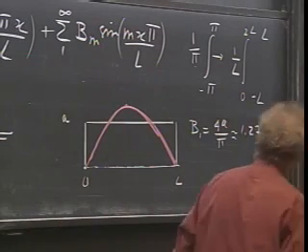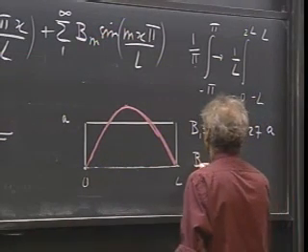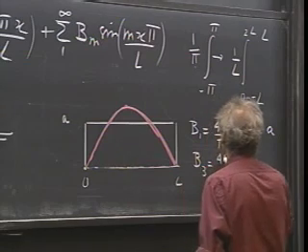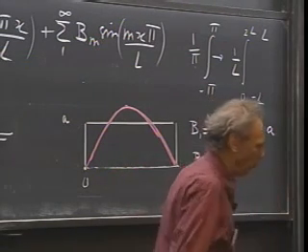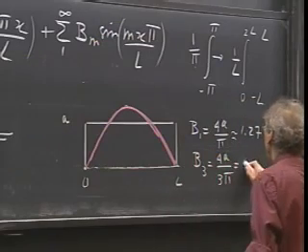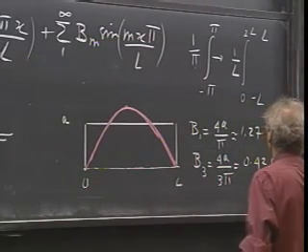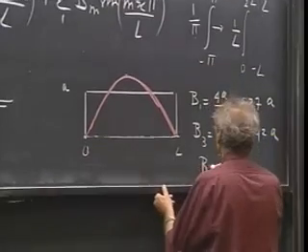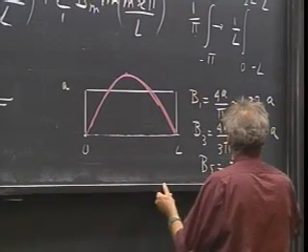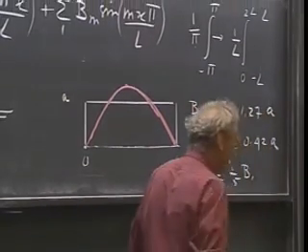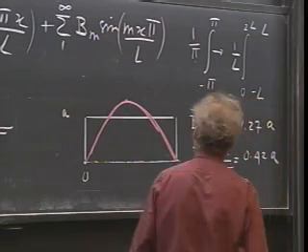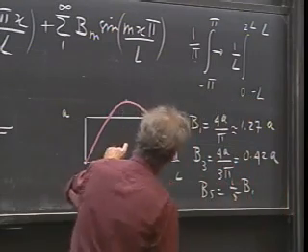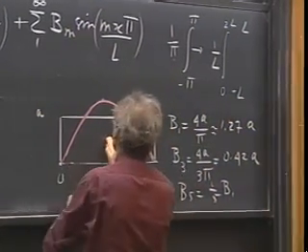The next one is B3. B3 is 4a divided by 3 pi. So it is 1/3 of 1.27, which is about 0.42a. And B5 is 1/5 times B1. Let's put in B3. So B3 has an amplitude which is about 0.4, which is about this much.